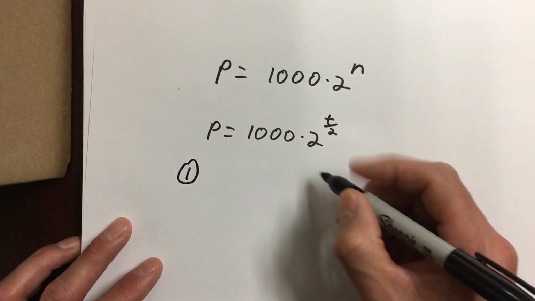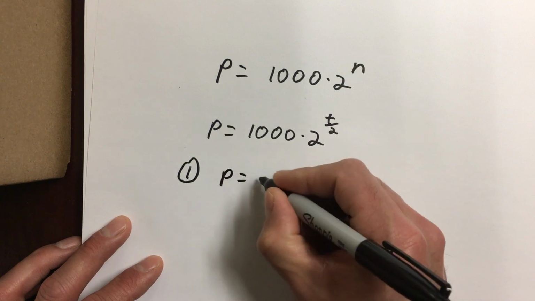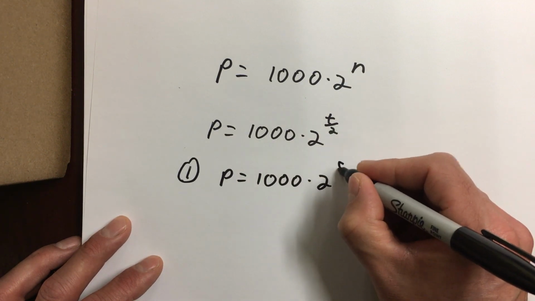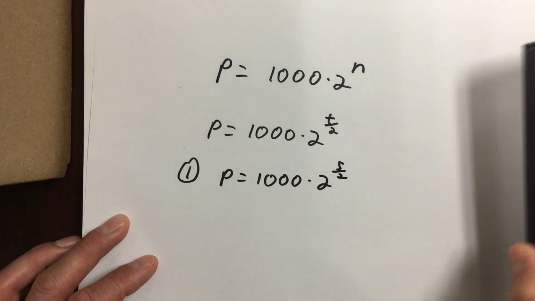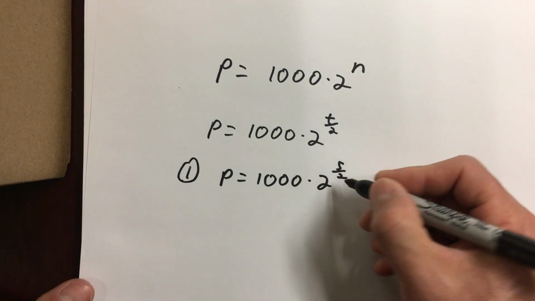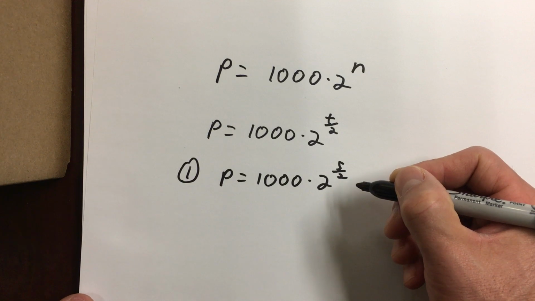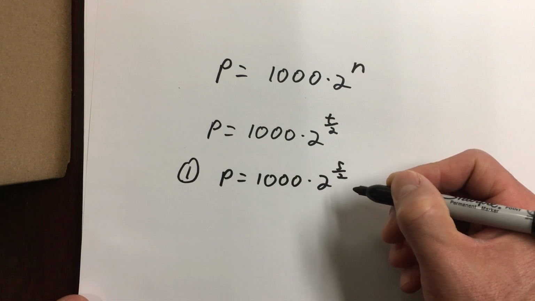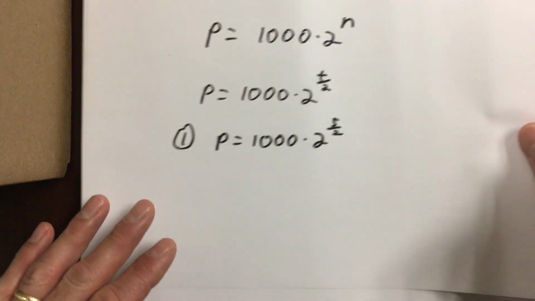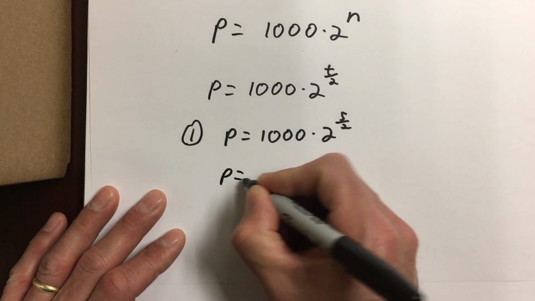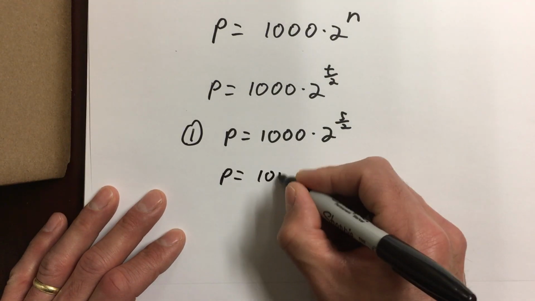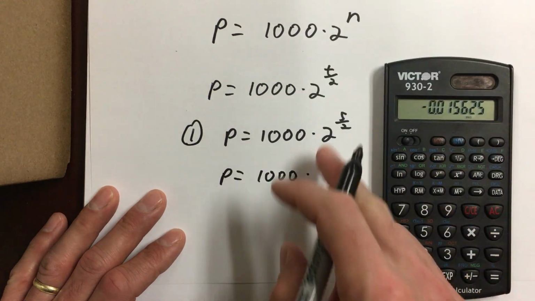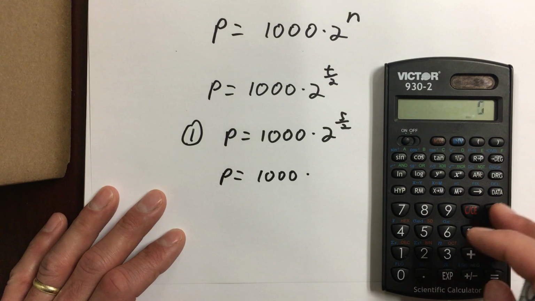Question 1. Our population is 1,000 times 2 to the exponent 5 over 2. Because you see, when I take 5 divided by 2, I get 2.5. Our population has doubled 2.5 times after 5 hours. So our population is 1,000 times 2 to the 5 over 2.